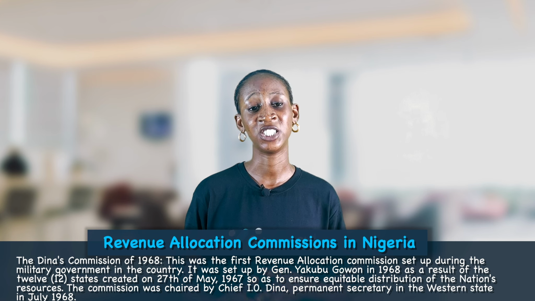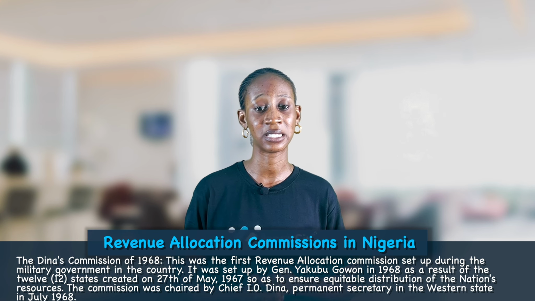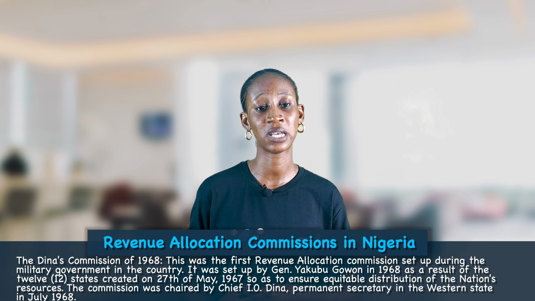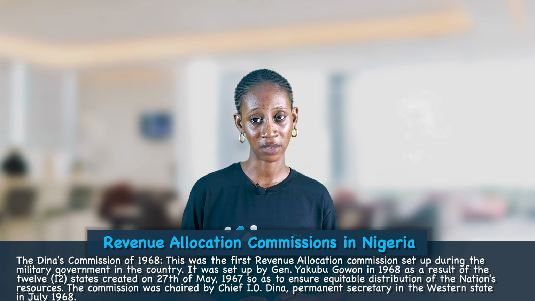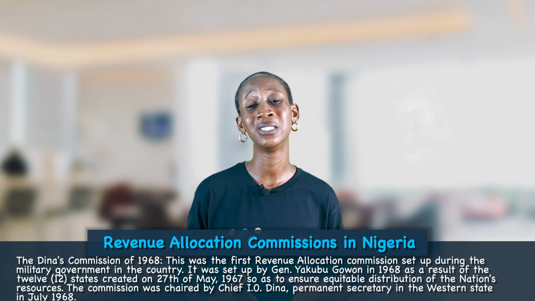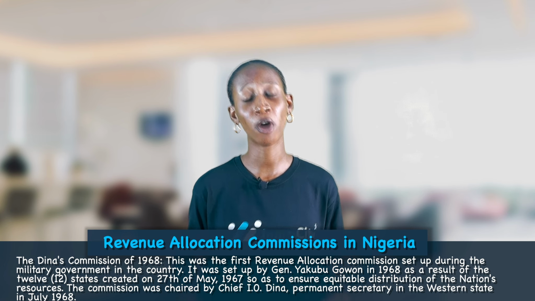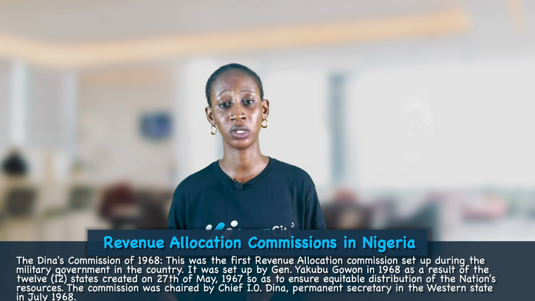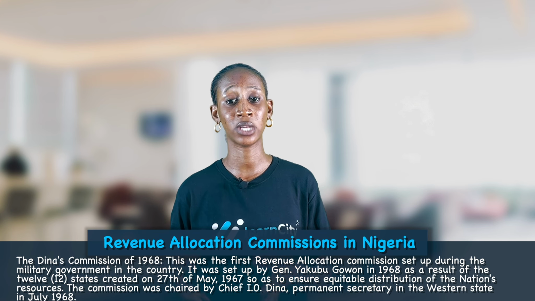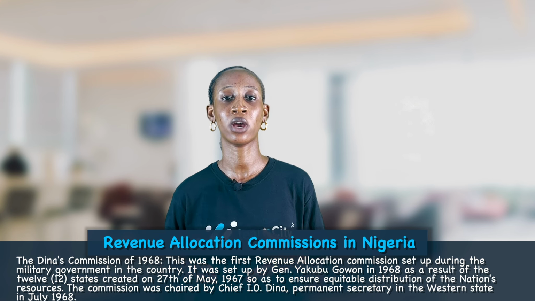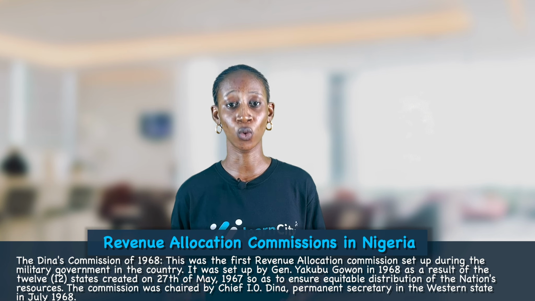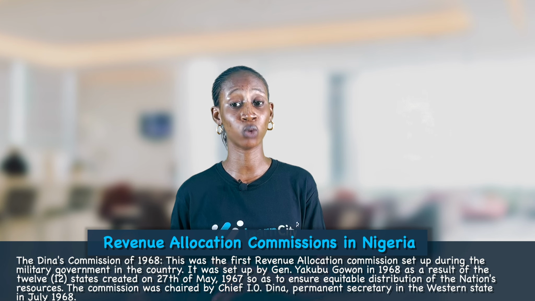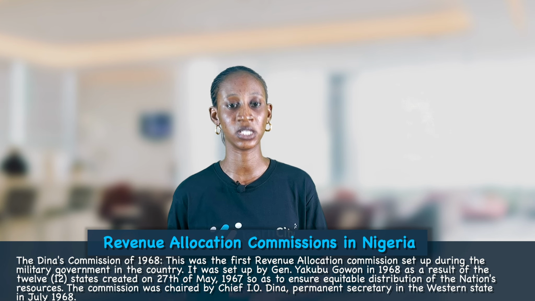It was set up by General Yakubu Gowon in 1968 as a result of the 12 states created on the 27th of May 1967. General Yakubu Gowon divided the 4 regions that we had in Nigeria at that time, the western region, the eastern region, the northern region, and the Midwestern region, into 12 states.